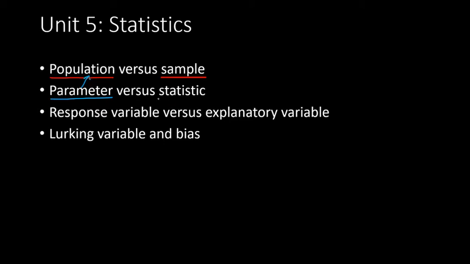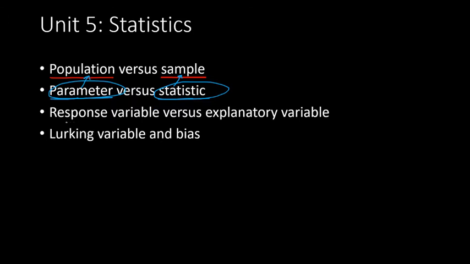A statistic is something that was determined from a sample. So for example, if there are 30 people in my class and I poll all 30 and they all say that green is their favorite color, I've determined this parameter for my population. If I only ask 5 out of the 30 kids and they all say that their favorite color is blue, I've determined a statistic.